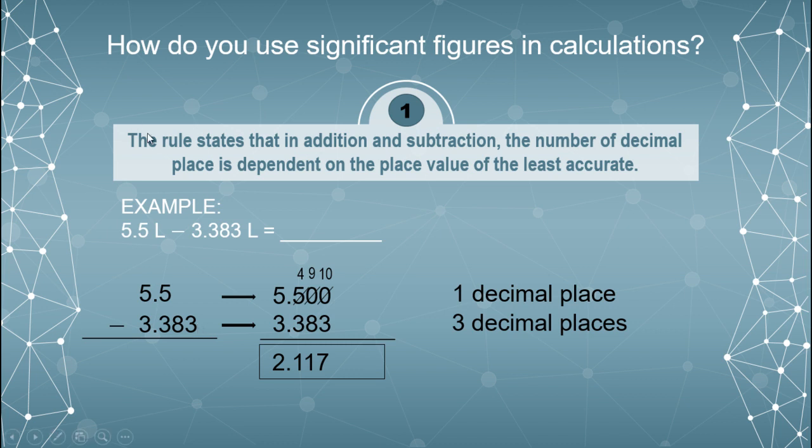As stated in our guidelines, the number of decimal places depends on the place value of the least accurate, meaning the one with fewer decimal places. So, we round off to 1 decimal place. Our answer will become 2.1.